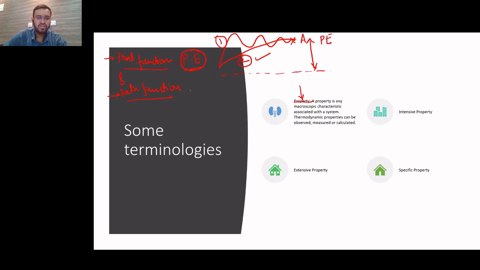A path function is a function whose value is dependent on how the system got there, or depending on the path. For example, if you have to move a nice and heavy box close to you from position A to position B, you can move it like this in path 1, and the other path is something like this.